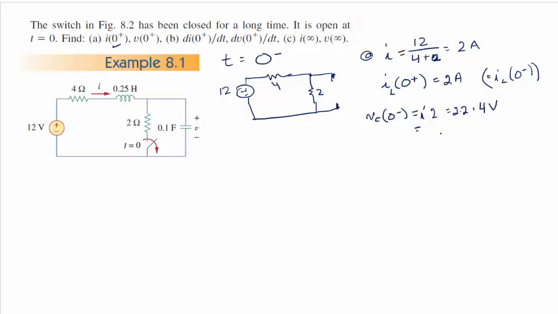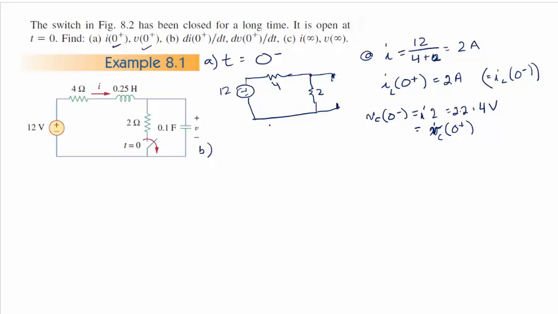And that's going to be the same as V in the capacitor at time 0 plus. Why is that? Because the voltage on a capacitor cannot change instantly. The current in an inductor cannot change instantly, and the voltage in a capacitor cannot change instantly. So, okay, we found those first two things. That's part A.